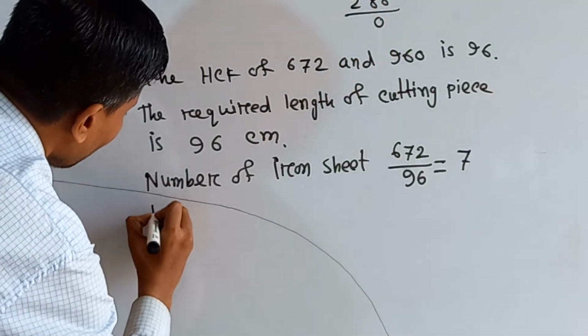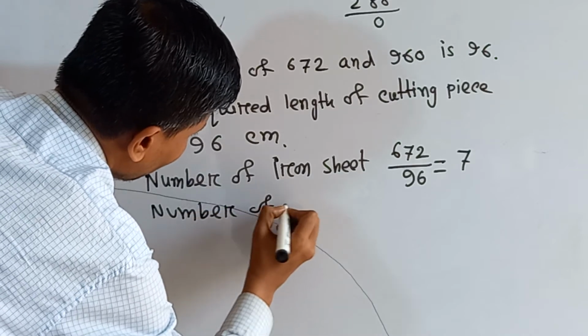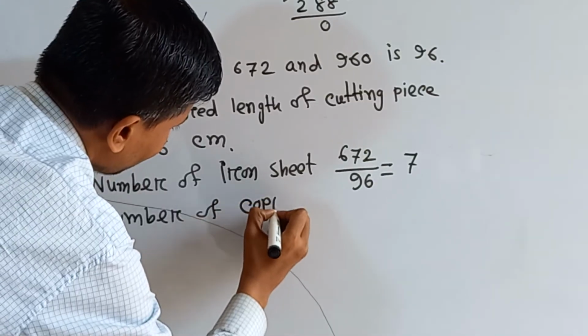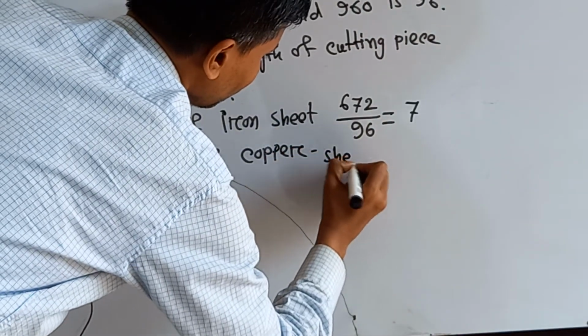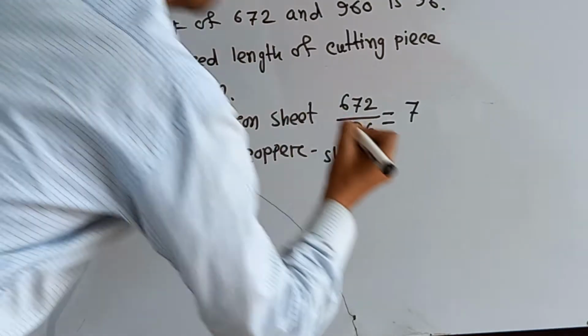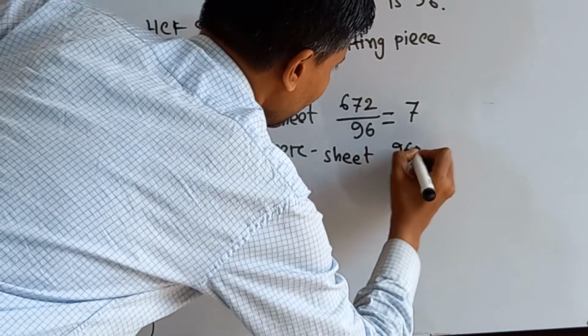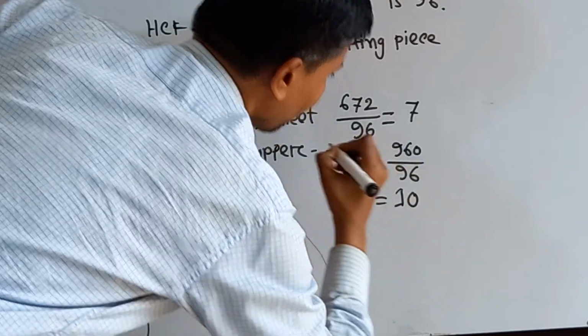And number of copper sheets: 960 divided by 96. This is equal to 10.